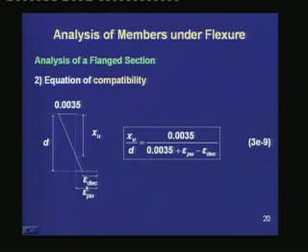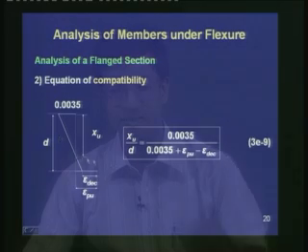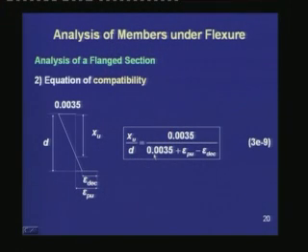Now, the expression is written as, from the principle of similarity of triangles, that XU divided by the total distance D is equal to 0.0035 divided by the sum of the two strains, which is equal to 0.0035 plus epsilon PU minus epsilon DEC. This is the compatibility equation, which relates the strain in the pre-stressing tendon at ultimate, represented as epsilon PU, with the maximum strain in concrete, which is given as 0.0035.